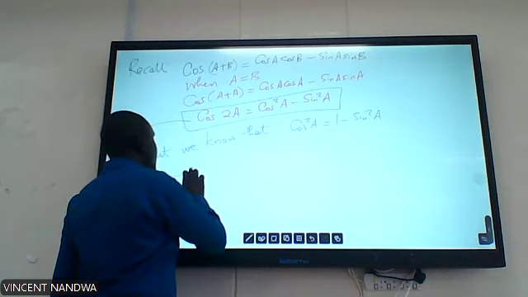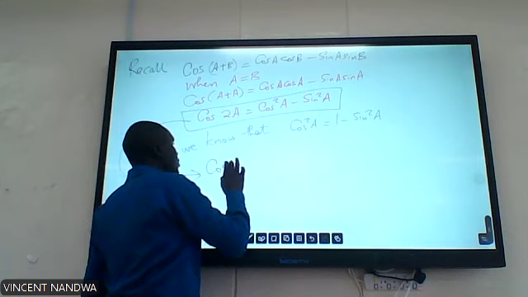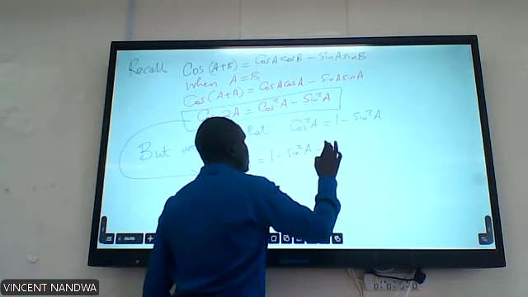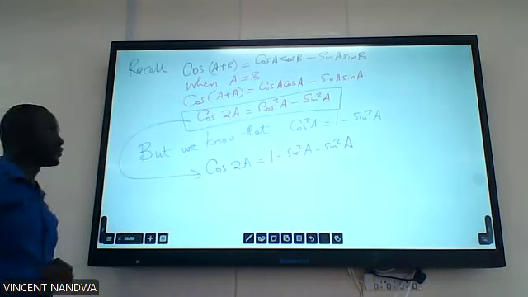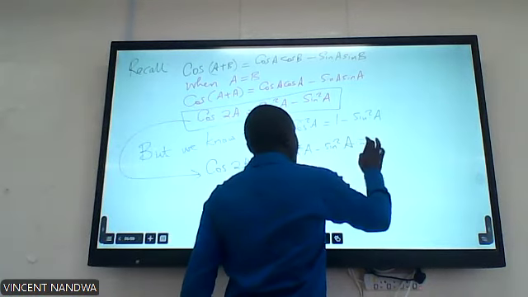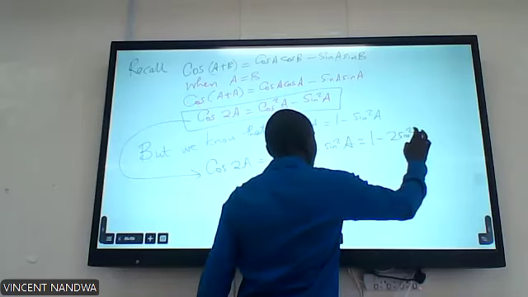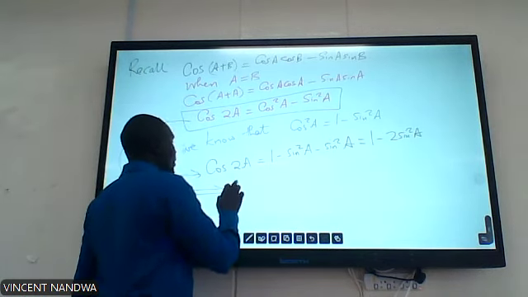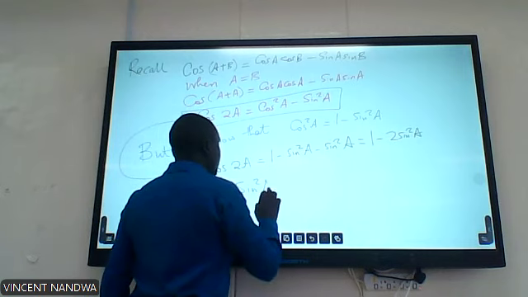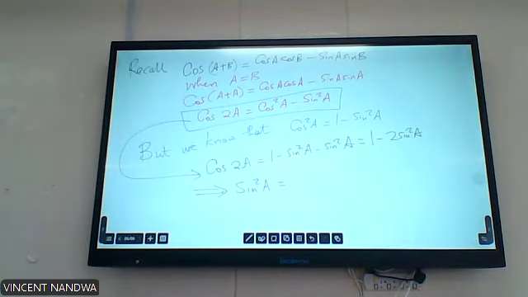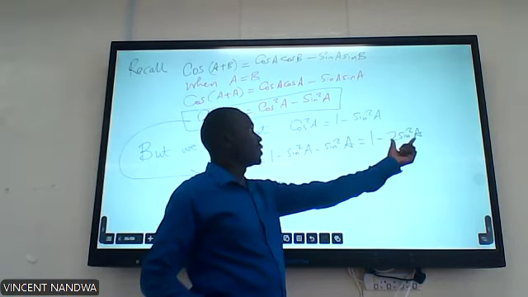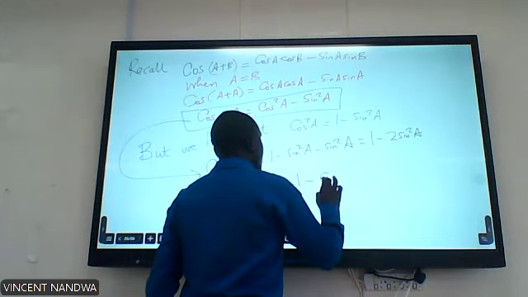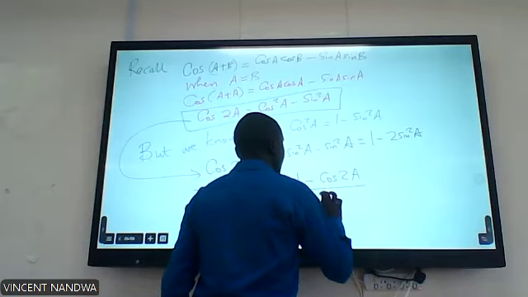So which means then this can be written as cos 2A is, instead of this, I write 1 minus sine squared A minus sine squared A. So this is 1 minus 2 sine squared A. So which tells me that another way of writing sine squared A, if I take this minus sine squared A to the left, will be plus, so I'll have 1 minus cos 2A divided by 2.